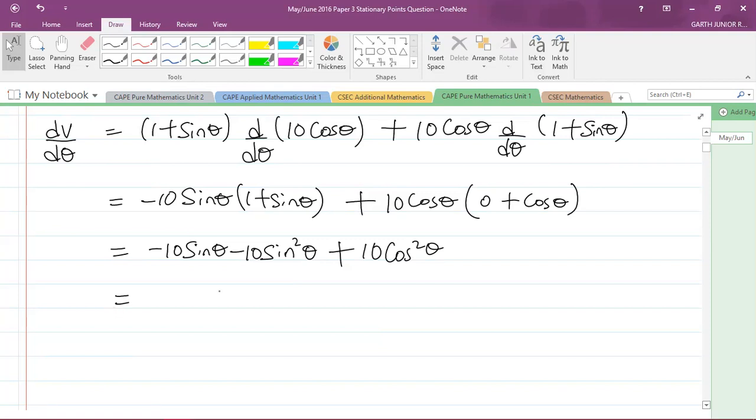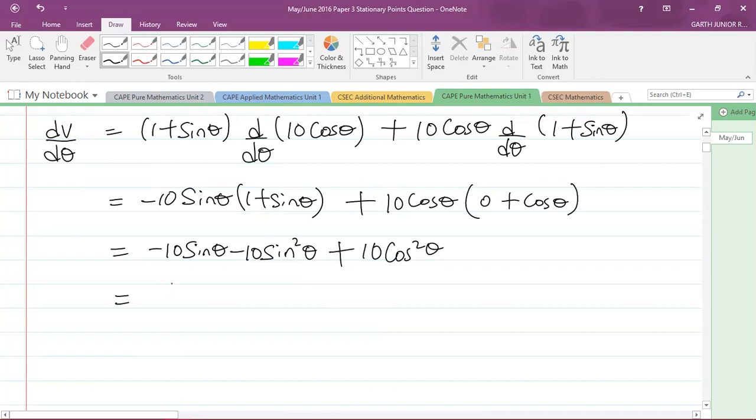But you recognize that I have sine and I have cosine. I want it in terms of either sine or cosine only, okay? So I see that I can convert cos squared theta in terms of sine. So if you remember your Pythagorean identity, it says that sine squared theta plus cos squared theta equals 1, right?